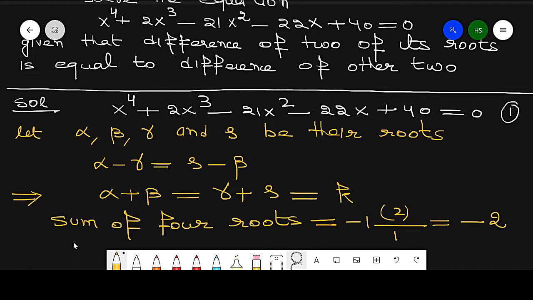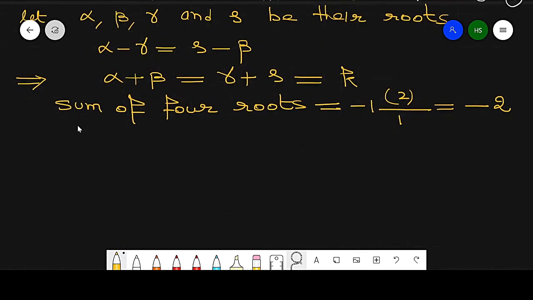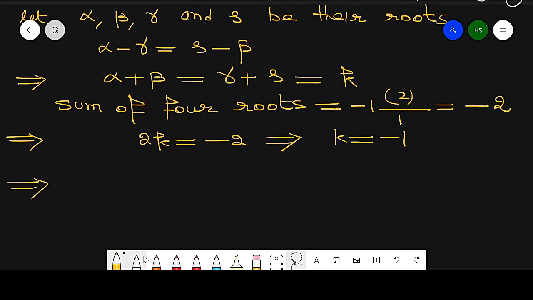So alpha plus beta and gamma plus delta, it means 2k, is equal to minus 2. It implies k is equal to minus 1. So the sum of the roots alpha plus beta and gamma plus delta is equal to minus 1.